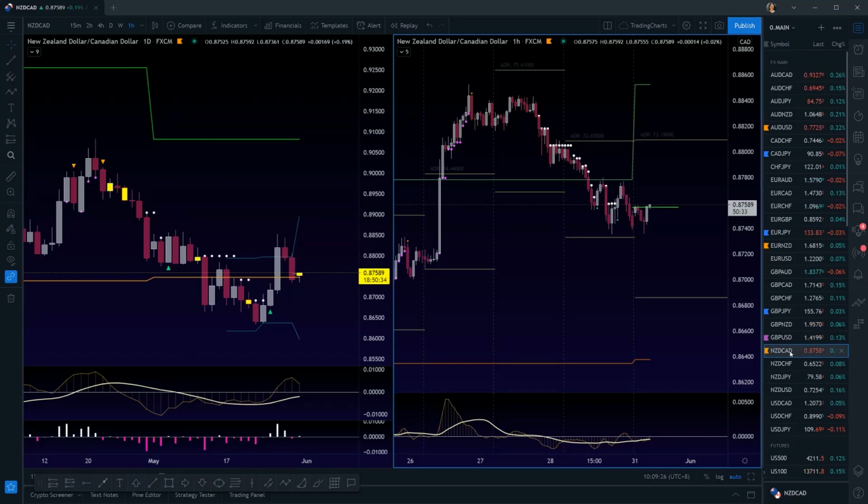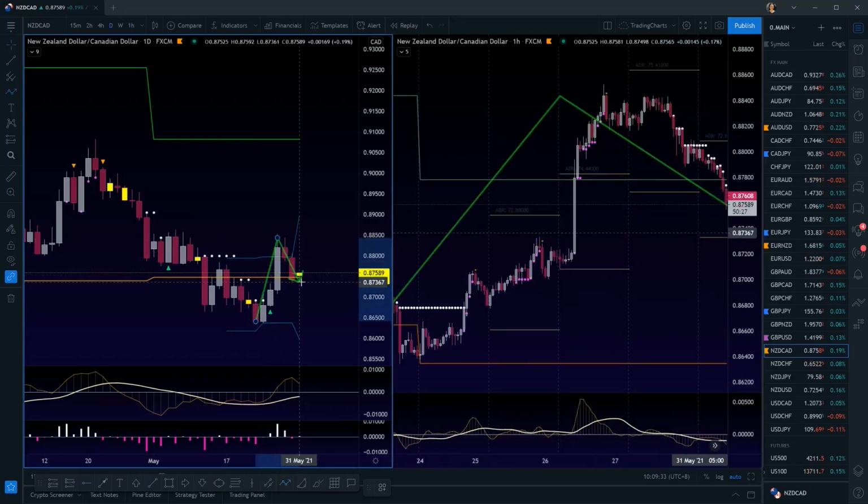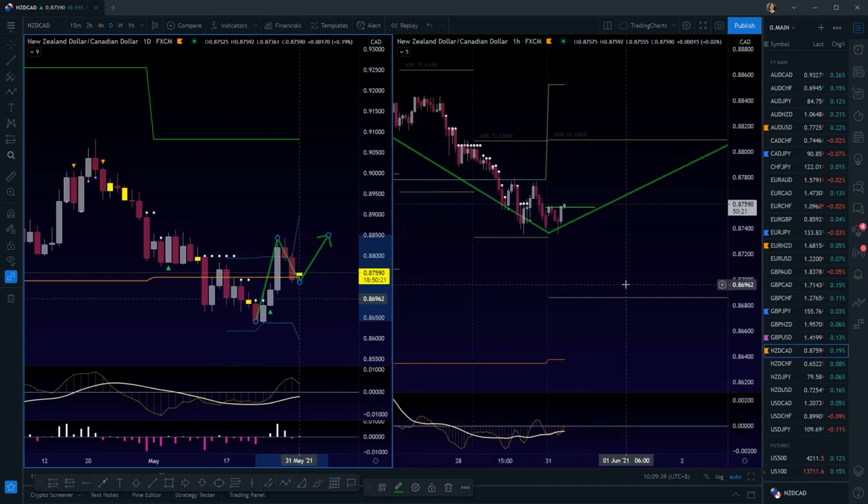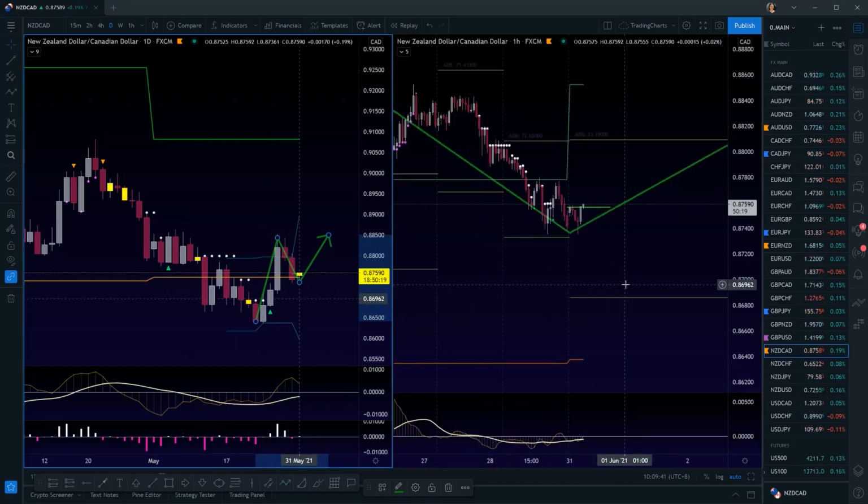New Zealand cad. Okay, so this one on the daily seems pretty okay. Got a push up, pull back to the monthly low, and then we'll wait for the upside. The only thing is, how do we take this upside, right?